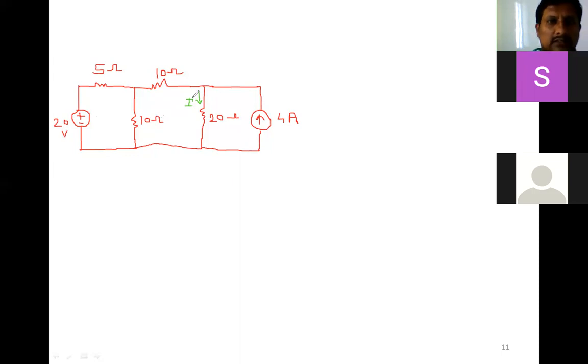So we can start now. I know the response we have to find out. Only 2 independent sources are there. So I can start to apply the superposition theorem, SPT in short. Before that, we have to consider there are 2 types.